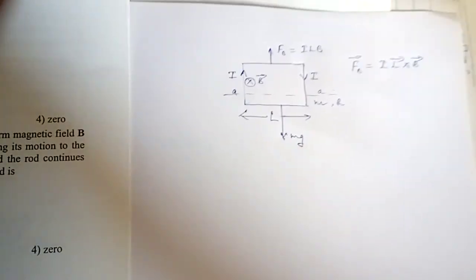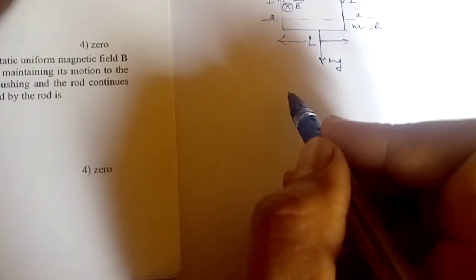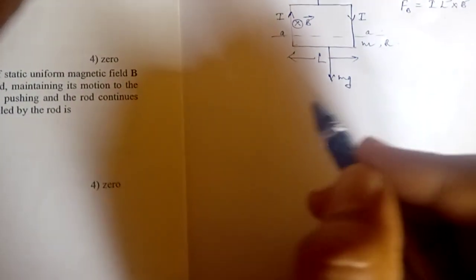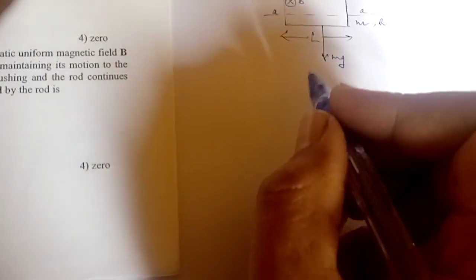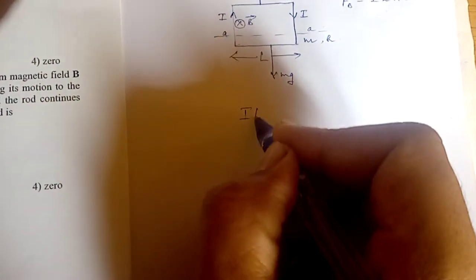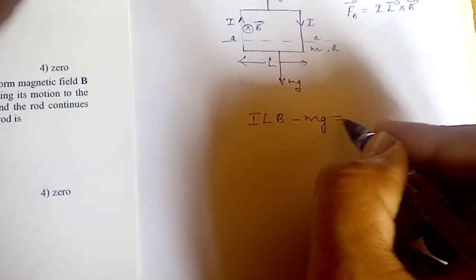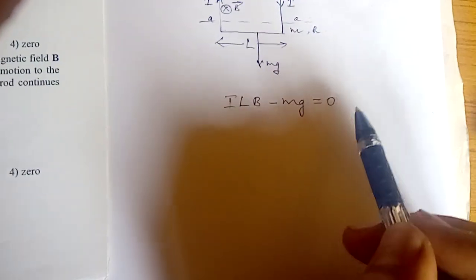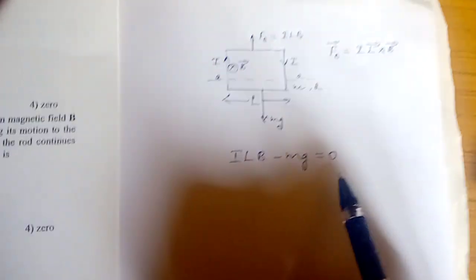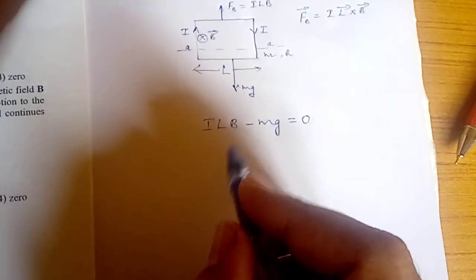So let's find out what the terminal velocity is. We know that the terminal velocity is a constant velocity, which is also the maximum velocity. If you write the equation of motion of this loop, it looks like I L B minus m g equal to 0. Actually I would write mass times acceleration here, but acceleration is 0, that's why the right hand side is 0.